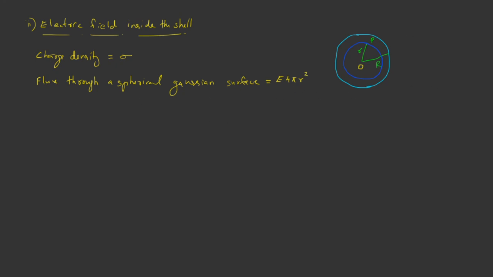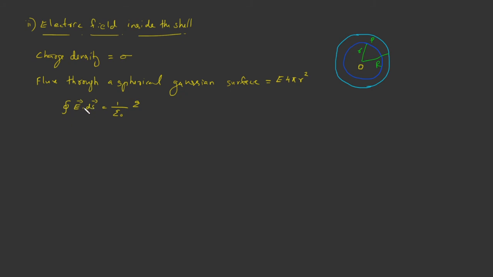Now we are going to apply Gauss's law here. According to Gauss's law, closed integral E dot ds is equal to 1 by epsilon 0 times the charge inside that Gaussian surface.